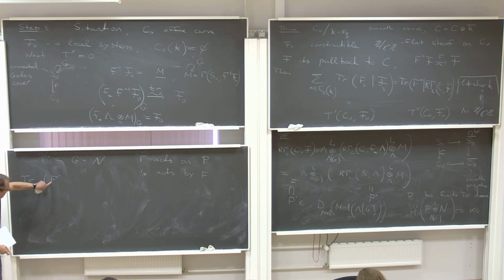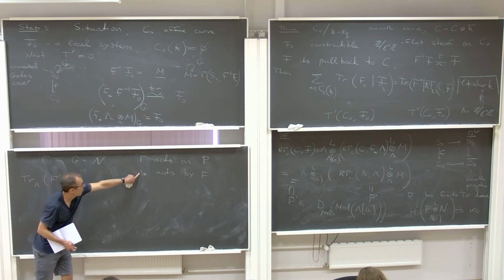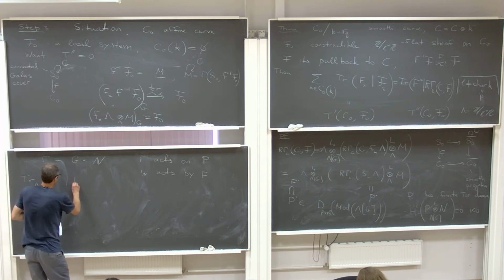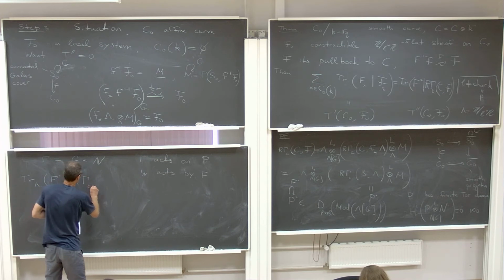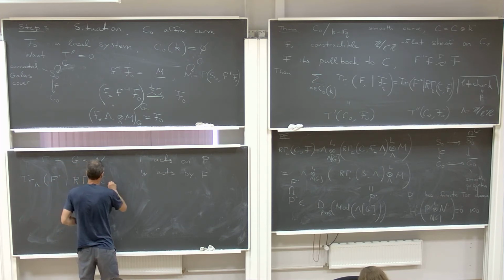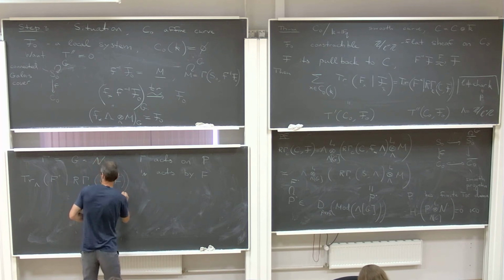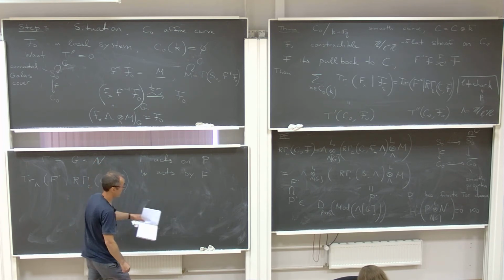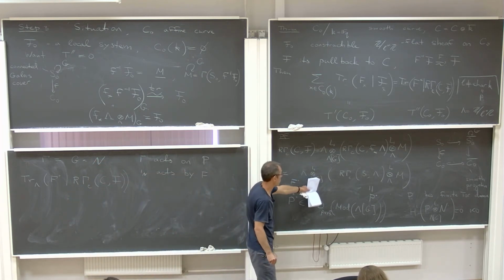So this is precisely 1, right? And I need its action on R gamma of C with coefficients in F. And we have this expression. It's coinvariance.